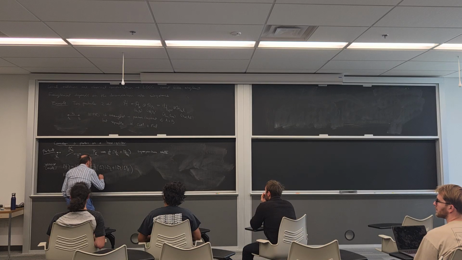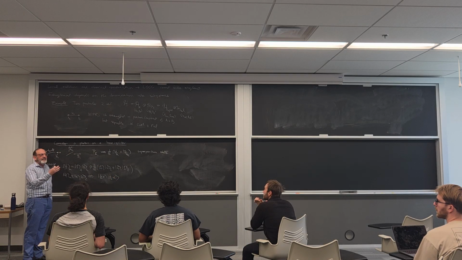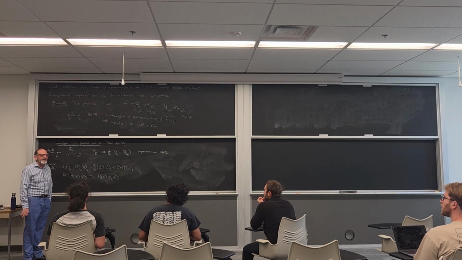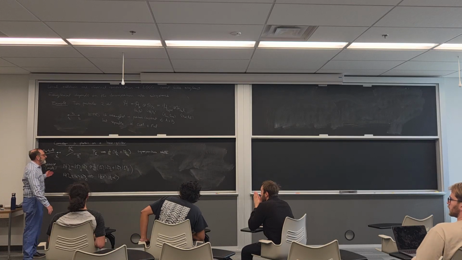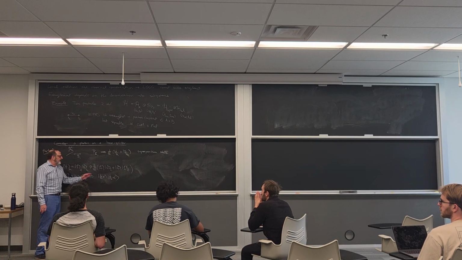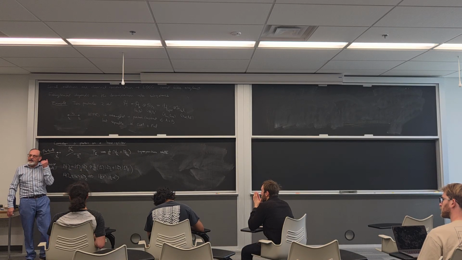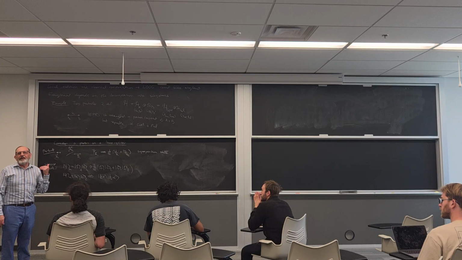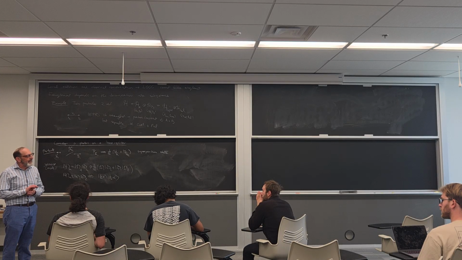It's going to be a situation where I have 1 over root 2 alpha in one mode, and half of the intensity will go one way and half of the intensity will go the other way. So this state is not entangled.